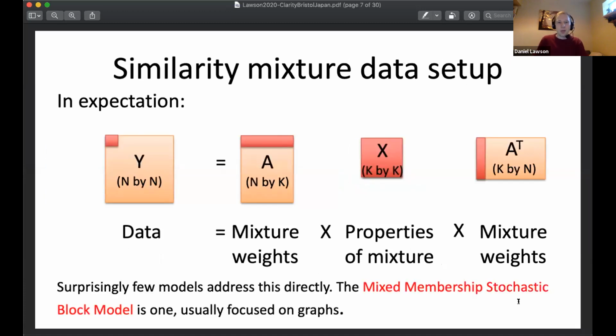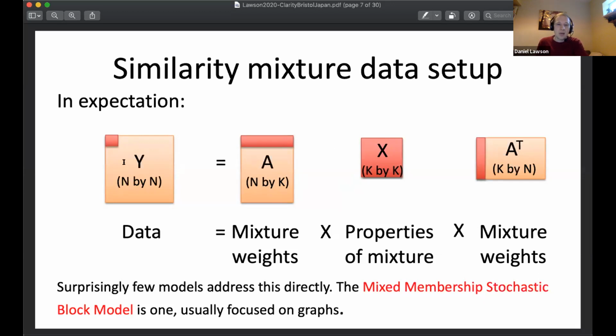Things are a bit harder when you try to jump to a similarity matrix. So a similarity matrix is an N by N set of similarities between the N objects. And we have the same matrix A, but now we have a matrix X, which is a K by K matrix of the similarities between the latent objects.